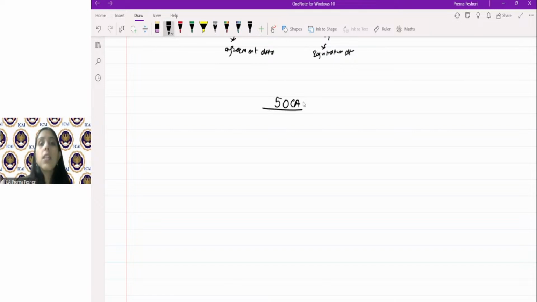Now, what is this? Section 50CA is for the consideration which is on the shares other than the quoted shares.